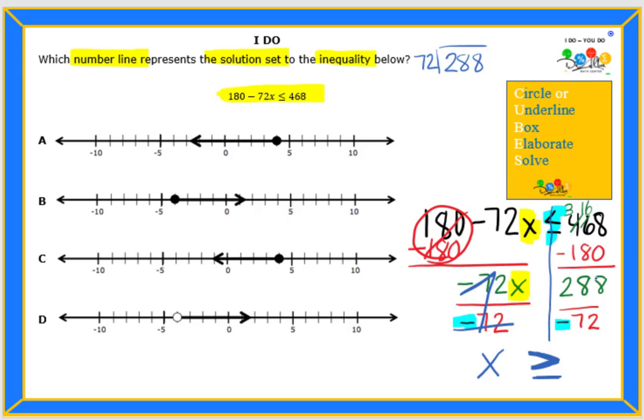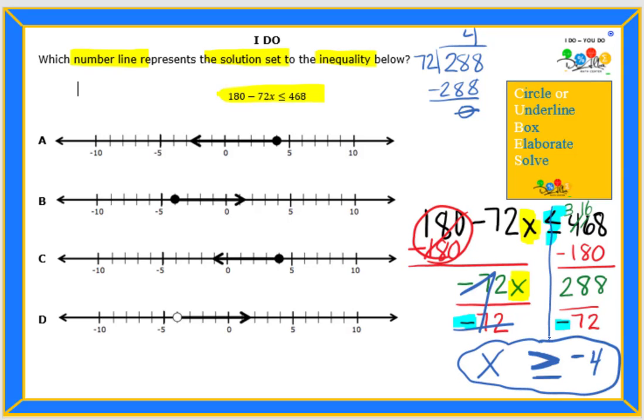A positive divided by a negative is a negative. And then 72 goes into 288 4 times. So x is greater than or equal to negative 4. So we have our solution set.